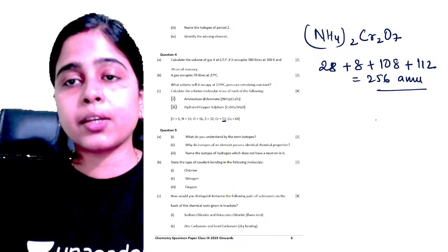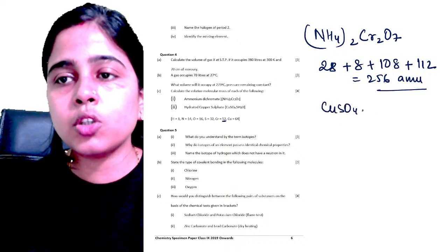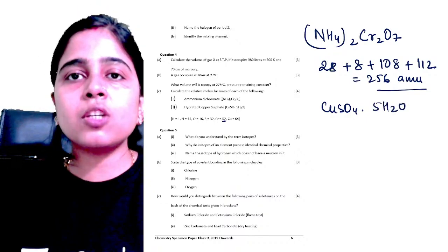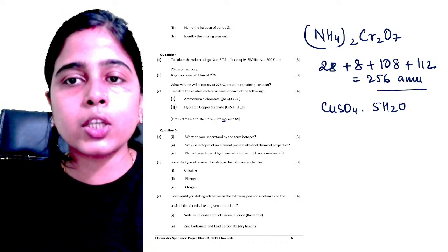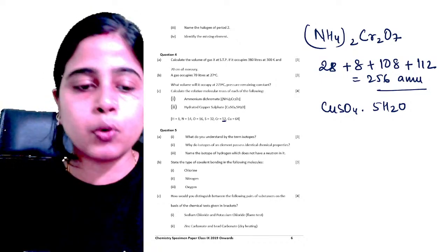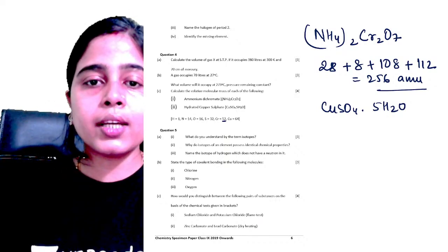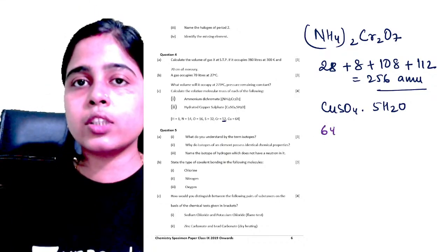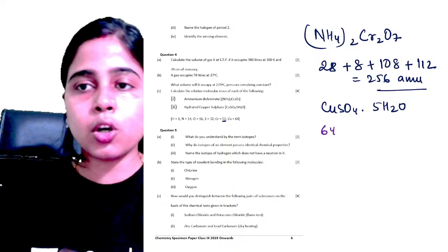Then we have hydrated copper sulfate, CuSO4.5H2O. The actual atomic mass of copper is 63.5, but for calculation purposes, in the question paper it is being given as 64. Clear? So here you can see copper is given as 64. Whatever is given in the question paper, that atomic mass only you have to take. Do not take it on your own.